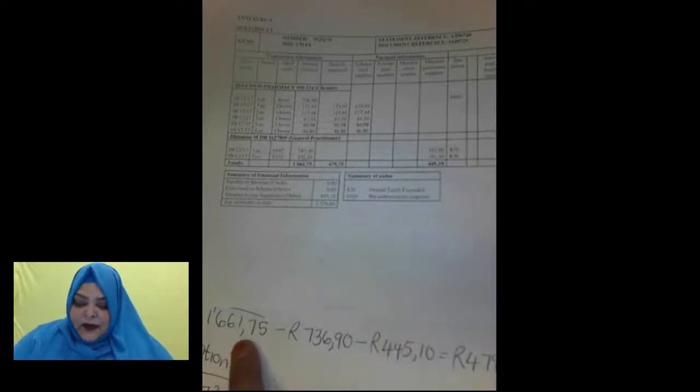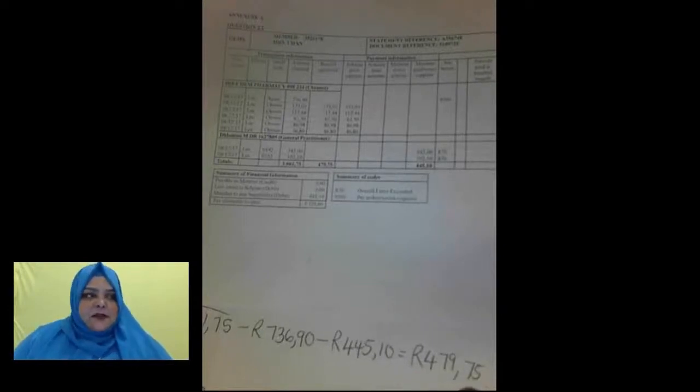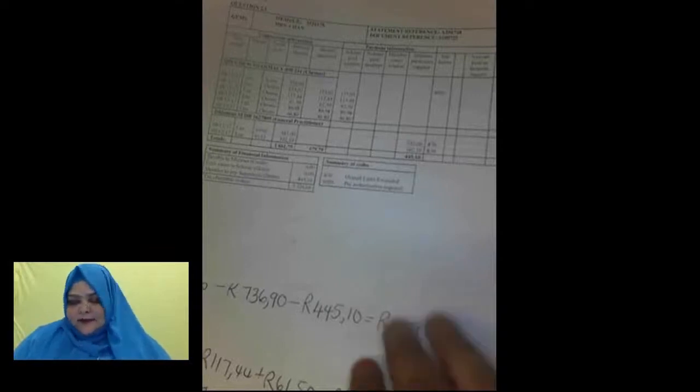So if you minus from the total the acute and the money that she needs to pay out of her pocket, you will find the amount that they say show how it is being calculated for, 479 rand and 75 cents. You with me, guys?